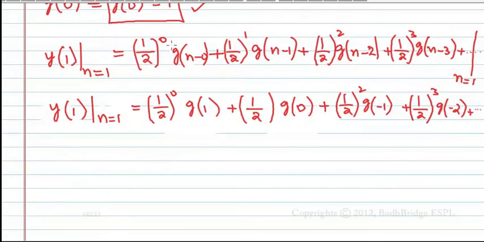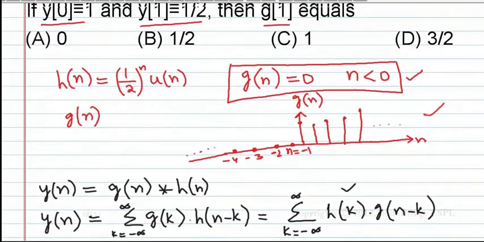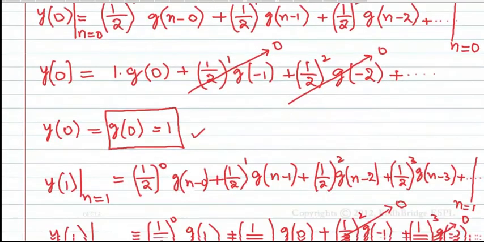Therefore, here g of n minus 0, y of 1 when n equal to 1 is 1 by 2 whole power 0 is g of 1 plus 1 by 2 into g of 1 minus 1 is 0, 1 by 2 whole square g of minus 1, 1 by 2 whole cube g of minus 2. And by causality, these terms go to 0. Y of 1 is given as how much? 1 by 2.